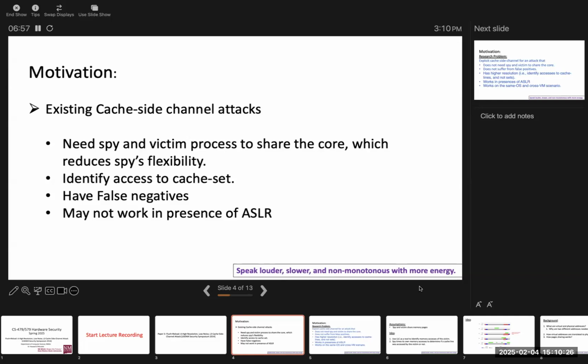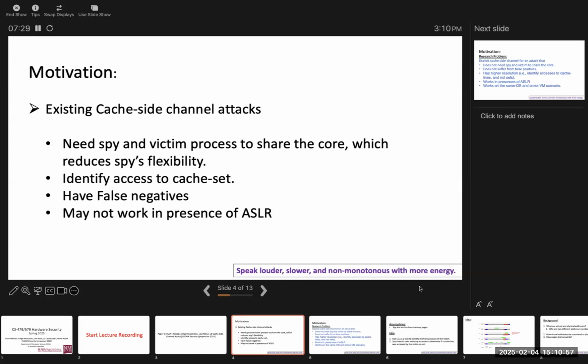So here what they are saying is that the previous attacks which were exploiting the cache side channel wanted the spy process, which is launching the attack, and the victim process both to share the same core. Remember in the previous topic we talked about a dual issue processor, where you can issue 2 instructions at the same time.